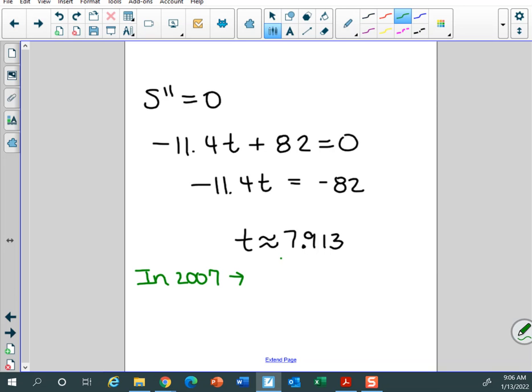So in 2007, my sales are going to be growing at the greatest rate.